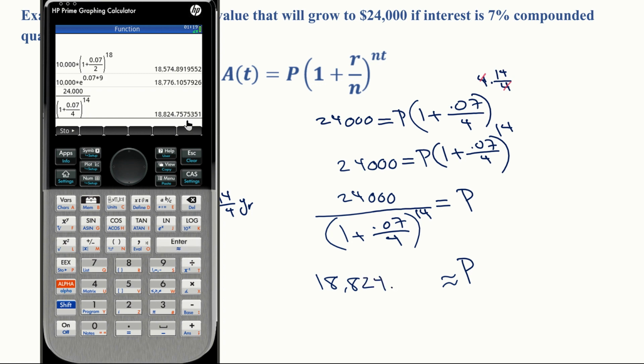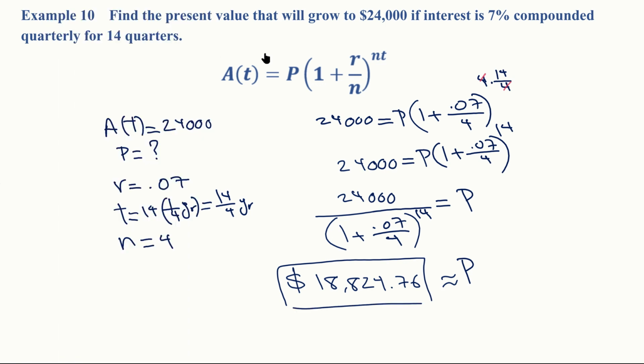Remember, with money we'll only go to 2 decimal places because that's all that makes sense, because we only have pennies, right? So that would be the present value needed in order to end up with $24,000 at the end of 14 quarters if it pays at 7% interest rate. All right, so that's how you do that one.